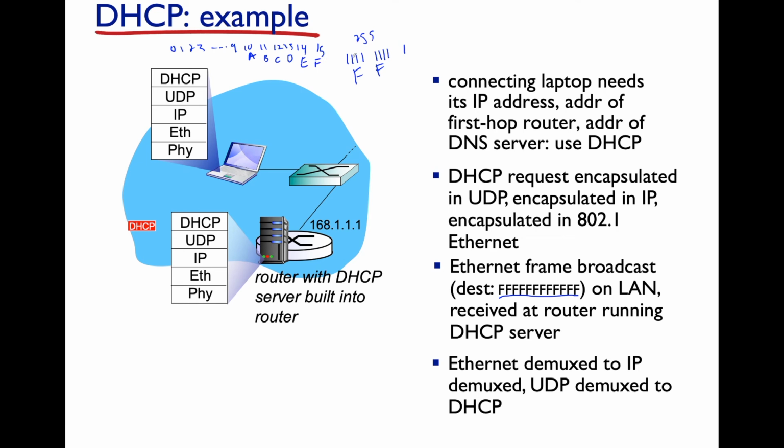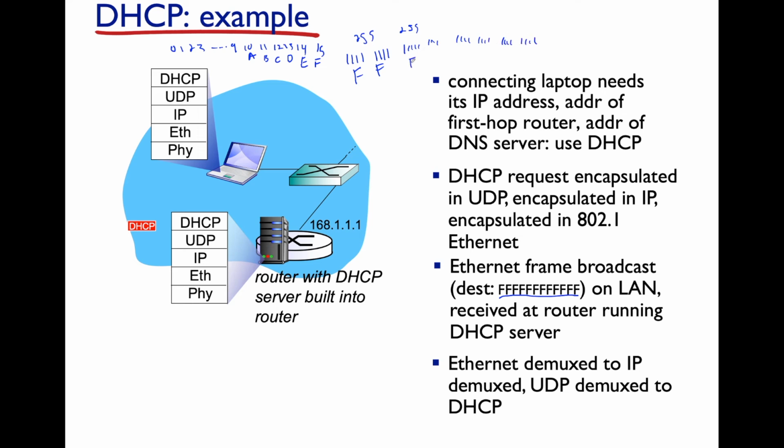15 is 1111. And so with these 4 digits you can represent 2 to the 4, which is 16 values. So 1111 is 15, which is F. The next 8 bits of 255 are 1111 1111, the next one is 1111 1111, and lastly 1111 1111.